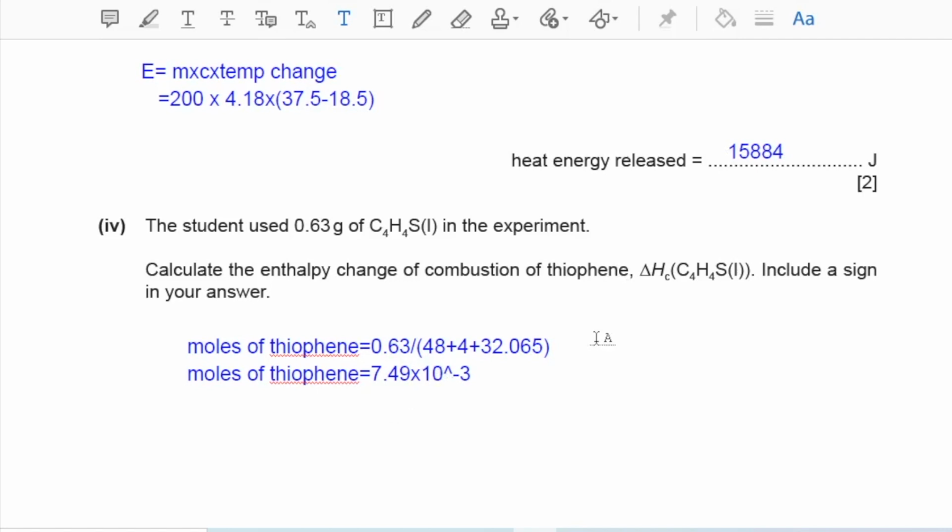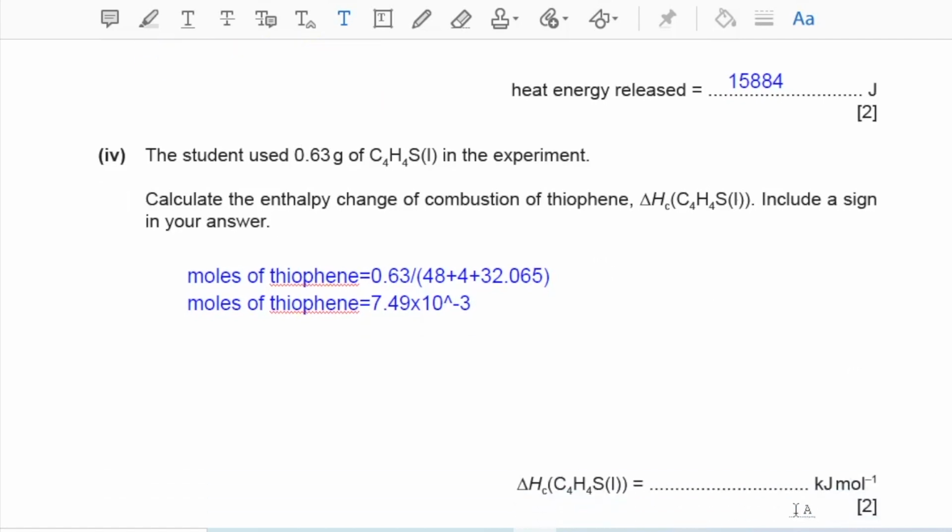So how much energy will be required to combust 1 whole mole of thiophene, which is what we have to calculate. So we need to divide 1584 by 7.49 into 10 to the power minus 3 moles. But before you do that, you have to convert joules to kilojoules, since in the question they are asking you to find enthalpy change of combustion in kilojoules. So you need to convert this energy over here to kilojoules first.